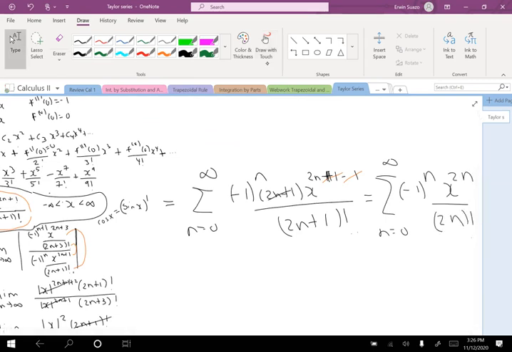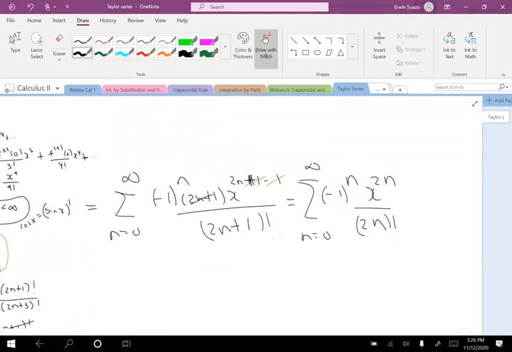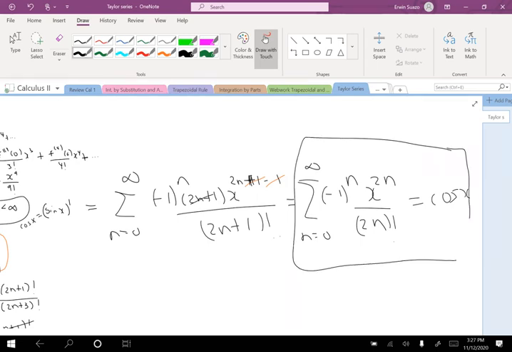And this is cosine of x. Okay, so in advance, we found the sine of x and cosine of x series expansions. And this is good from minus infinity to infinity.